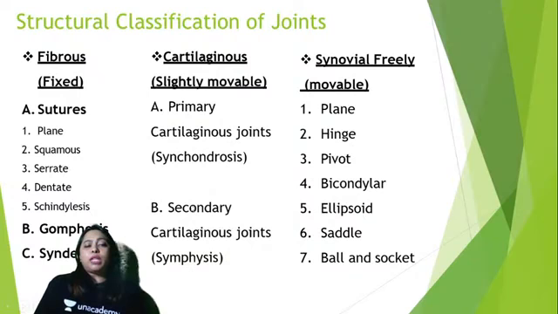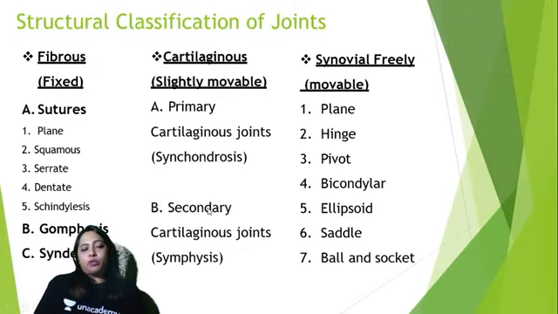Now the next one is the secondary cartilaginous joint. Secondary cartilaginous joints are most of the time midline joints, like symphysis menti and also the pubic symphysis. All these are secondary cartilaginous joints, which are symphyses.